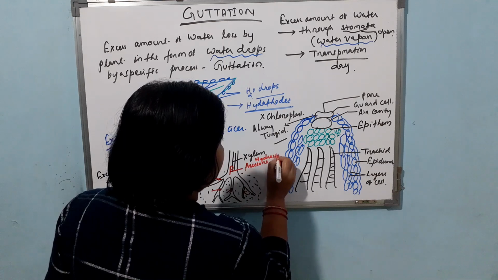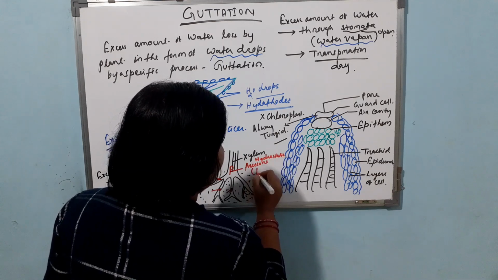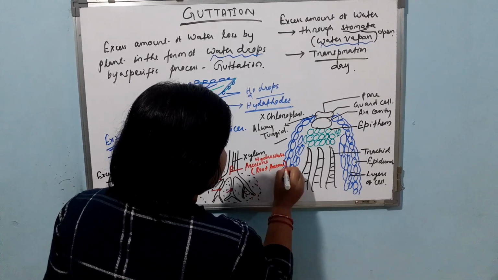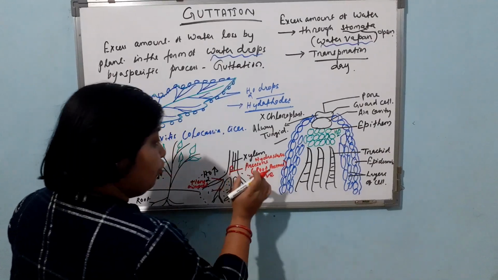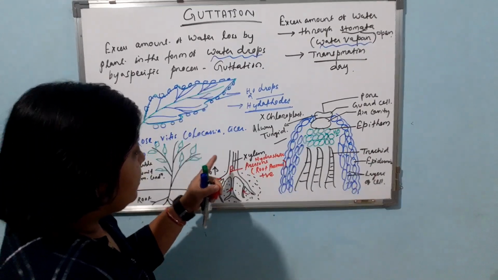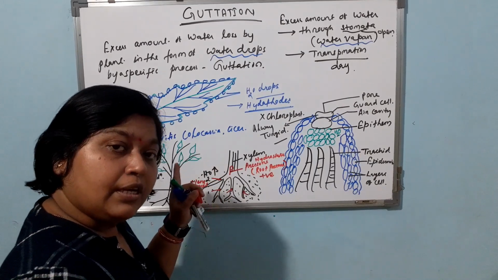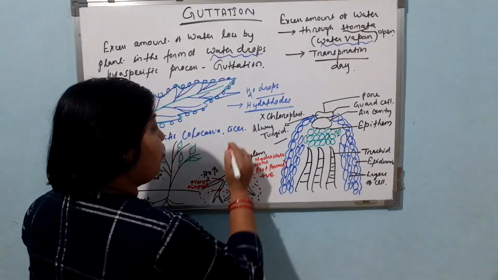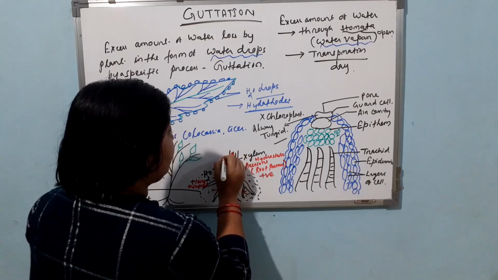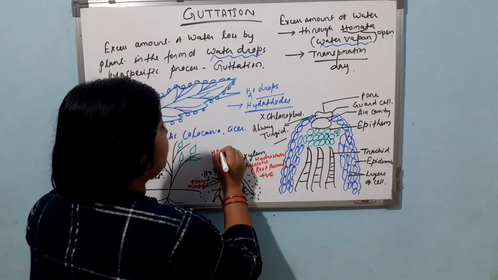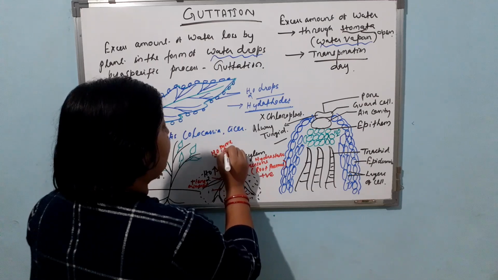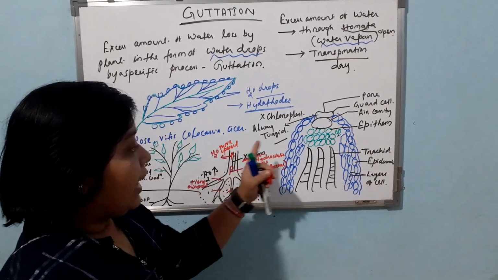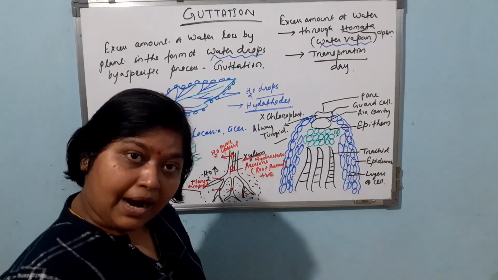This hydrostatic pressure, also known as root pressure, is positive. Due to positive root pressure, the water and minerals which move from soil to plant cell will move upward through the xylem. Tracheid is a type of xylem, or a part of xylem.